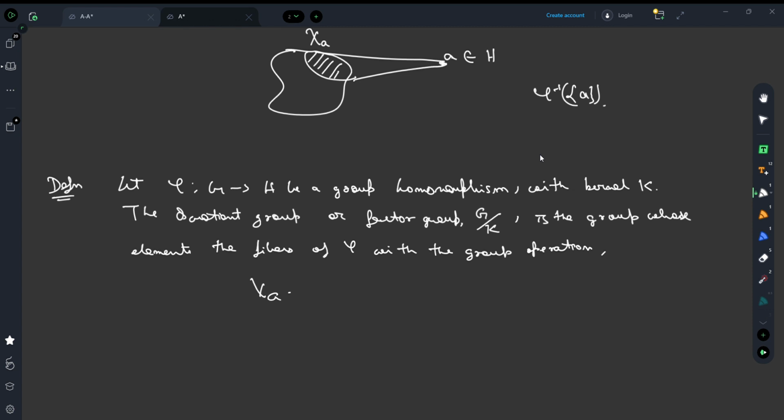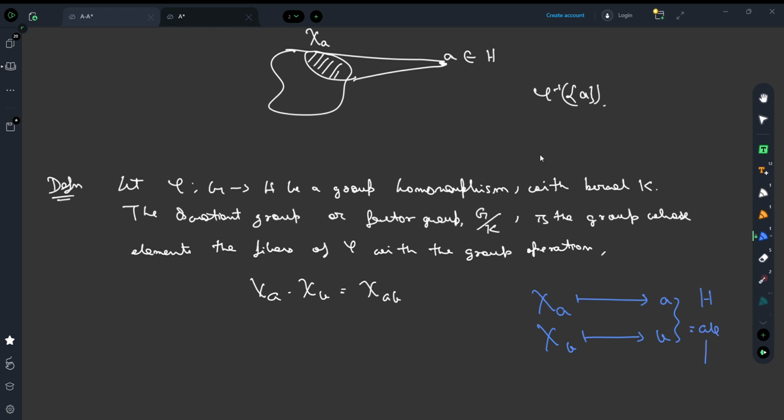So chi of A dot chi of B is equal to chi of AB. And how we had expressed this group operation is, we said that if you take any fiber chi A, you project it back to the set H, so it gets projected to the point A. Suppose you have two fibers in this form, then the composition of A and B in H is say AB.